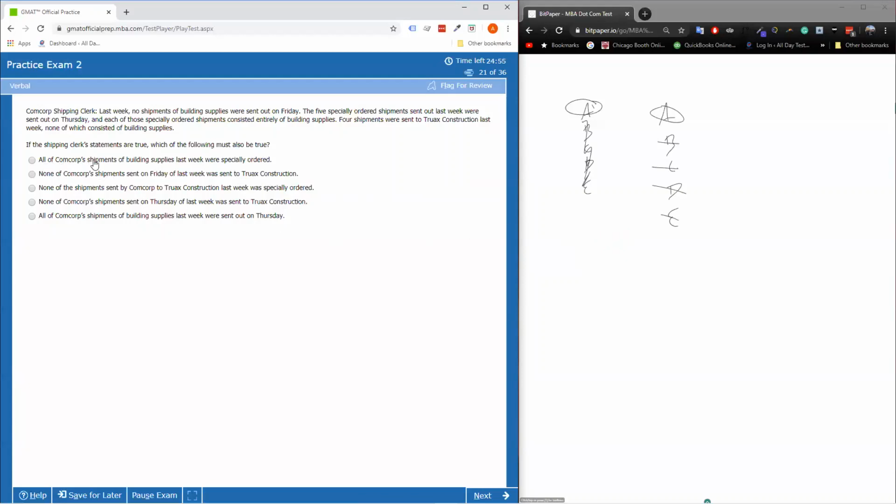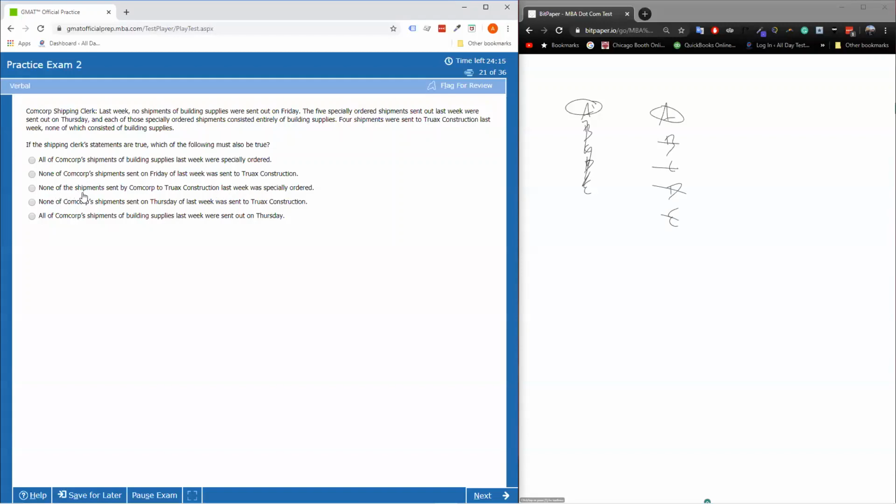All of ComCorp's shipments of building supplies last week were specially ordered. No. But they couldn't have. None of ComCorp shipments sent on Friday last week was sent to Truex Construction. No, because they didn't receive building supplies.